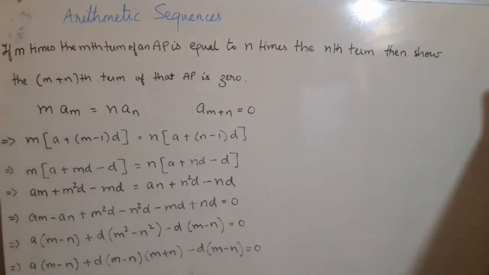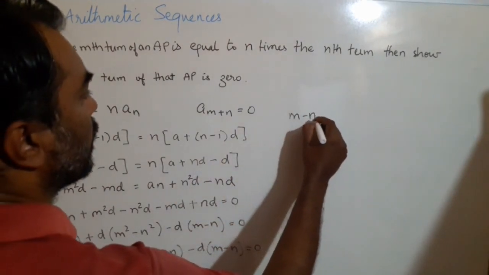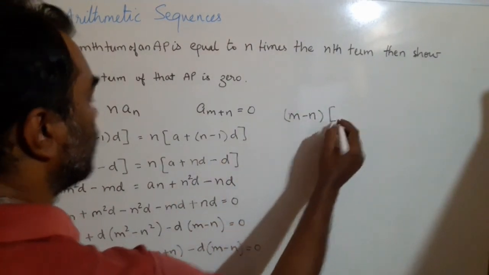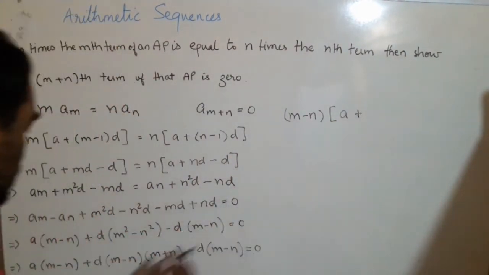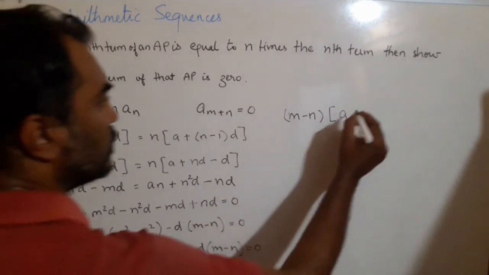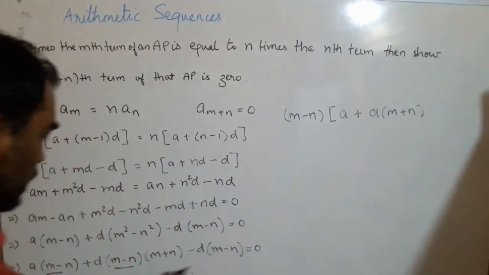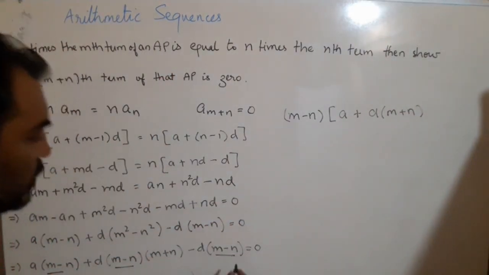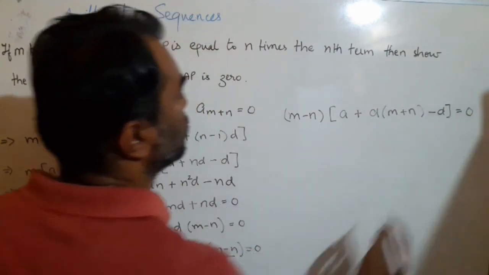So till here we have done the simplification. Now what you can see, we have got this term m minus n common in everything. So we have (m minus n) into bracket A plus, we take out this common, so this remains D into (m plus n), and here we take out m minus n common, so we have minus D equal to 0.